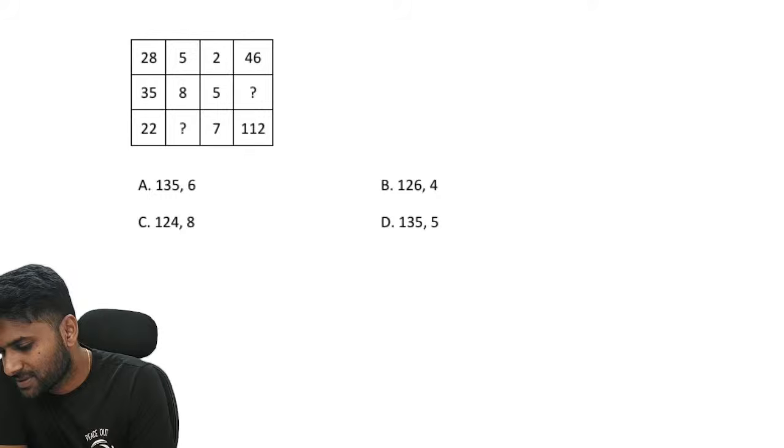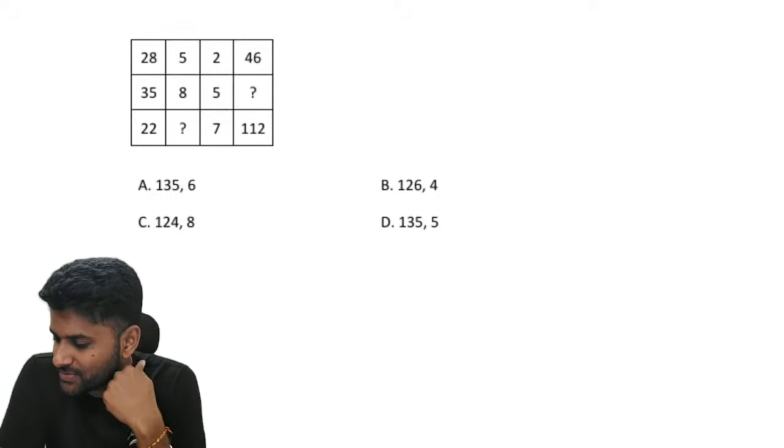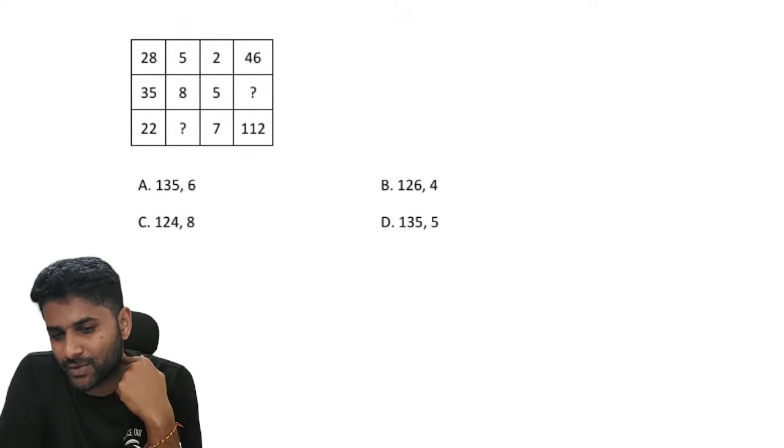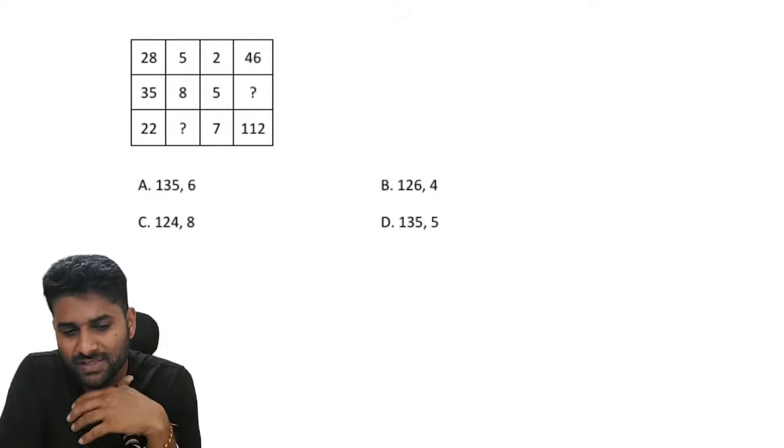Can anyone type the logic also for this question? This is also one of the previous year's model questions. 28, 5, 2, 46; 35, 8, 5, dash; 22, dash, 7, 112.